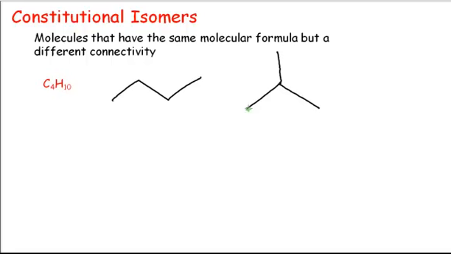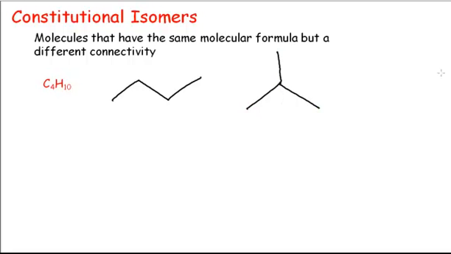Well, let's see. 1, 2, 3, 4 carbons, and let's go ahead and figure out how many hydrogens we must have. Here I have 3, here I have 3, here I have 3, and here I have 1. So I have 3, 6, 9, 10. So this also fits in with my molecular formula of C4H10.